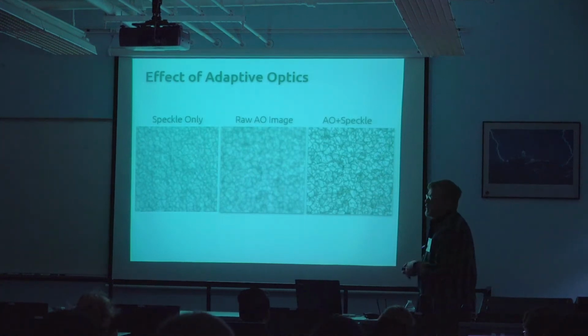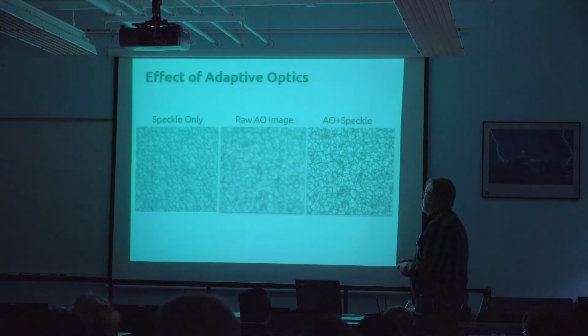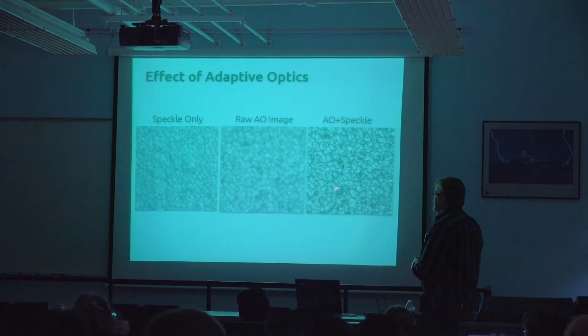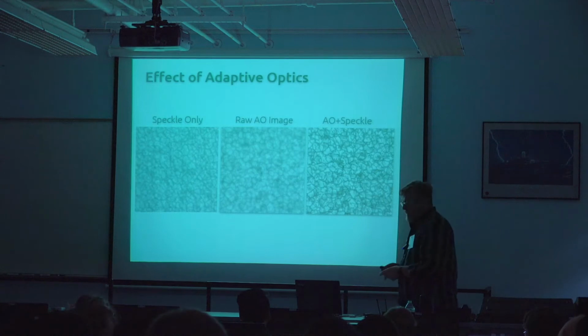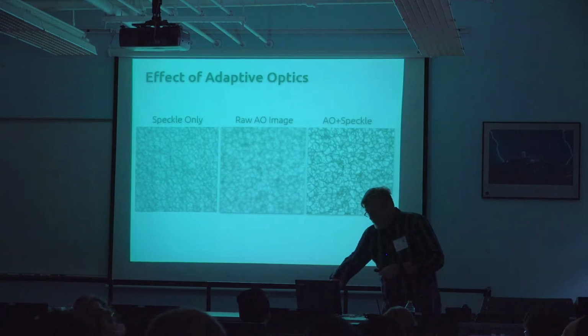This is a raw image corrected with AO. You can see that the raw image is way better than the one only speckle reconstructed without adaptive optics. And here you have the AO and speckle image. Those are the same field, so you can appreciate the difference. You can see a lot of, well, at least bright points here, and intergranular lanes and more structure.